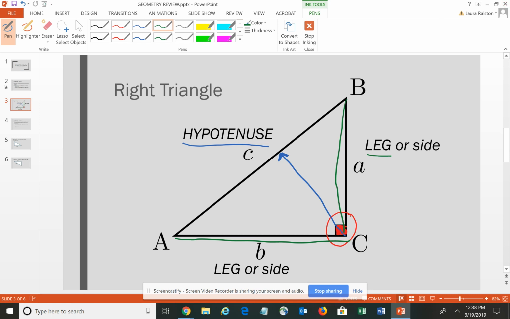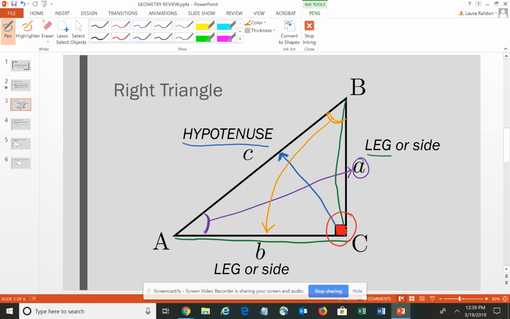Also notice how the sides are labeled. Across from angle A, and we use a capital letter to represent the angles, so this is angle A, you have side A. And similarly, across from angle B, you have side B. So that's one thing you want to keep in mind when you're labeling your triangle: the side is opposite the given angle.